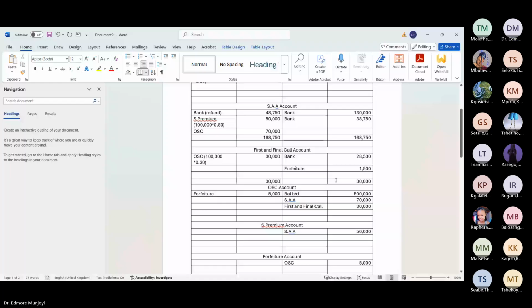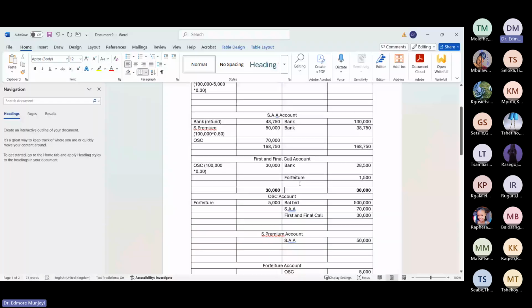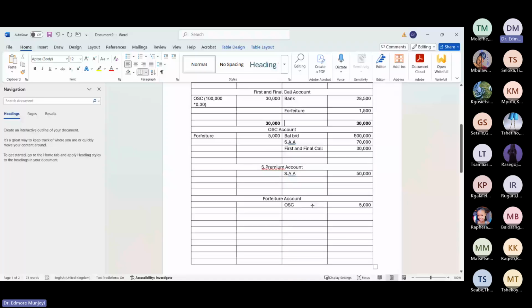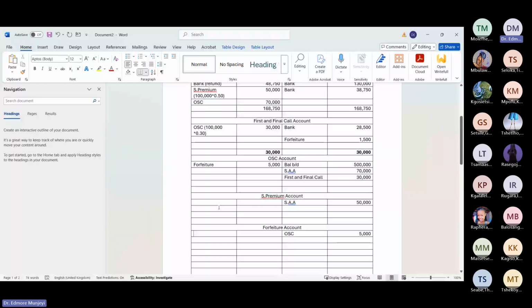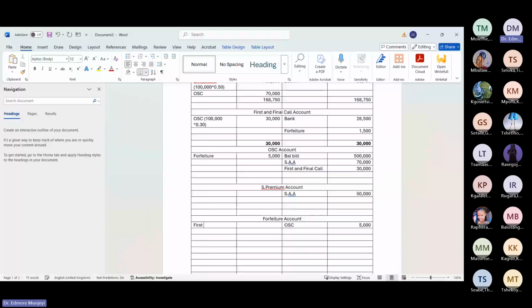So we have a forfeiture of 1.5 coming from the first and final call account. Now we are going to the forfeiture account. Since it was on the credit side, we are going to debit it in the forfeiture account. So it's from the first and final call, 1,500.